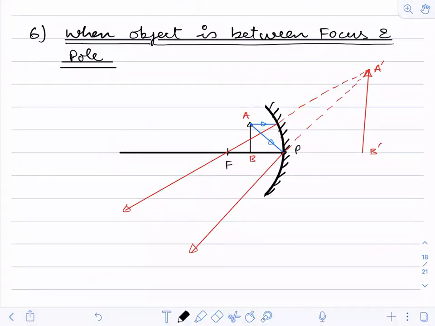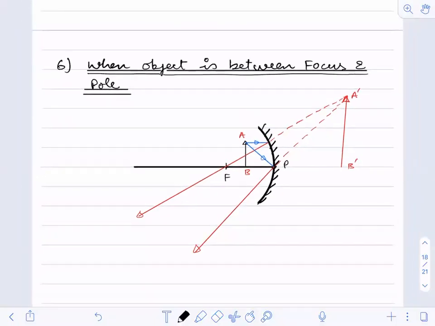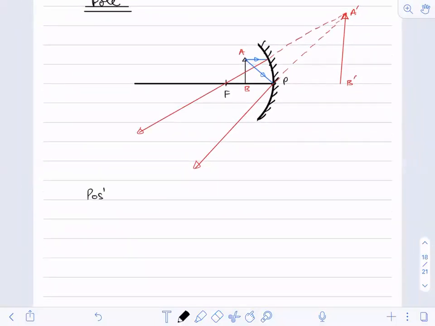Now just see the position of the object, then position of image, then nature of image, then size of image.